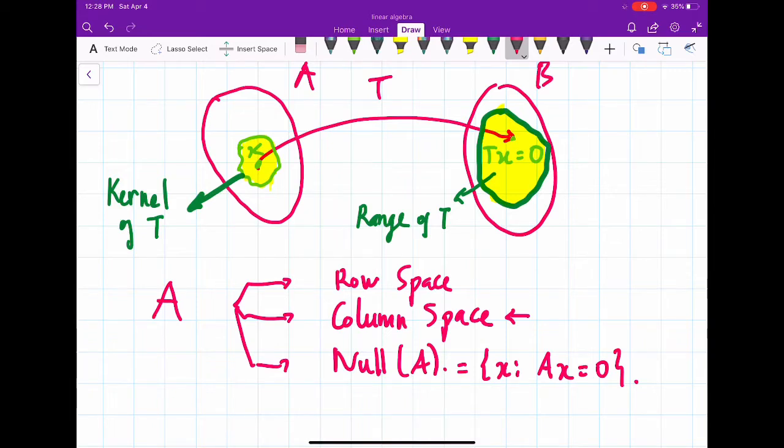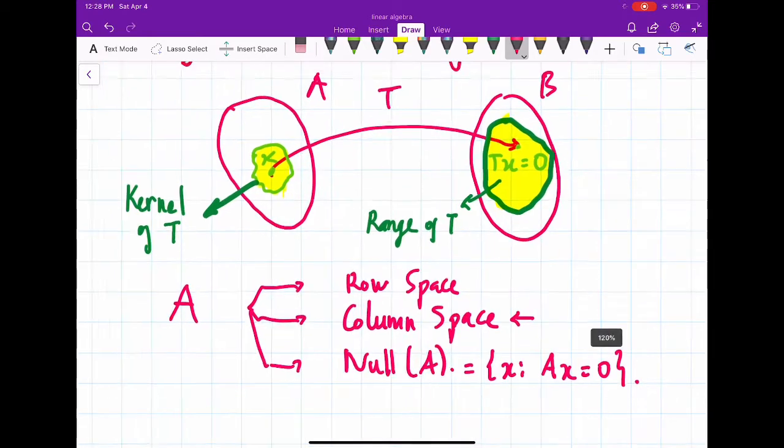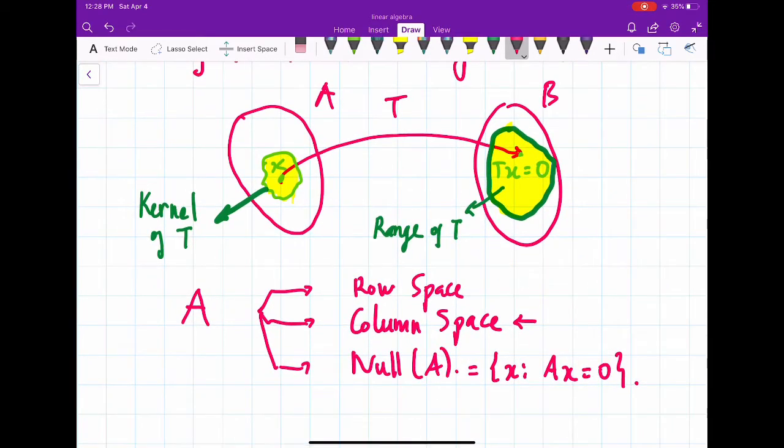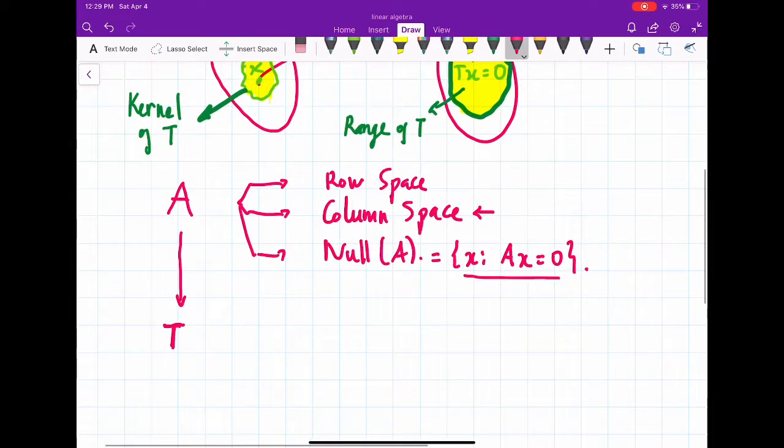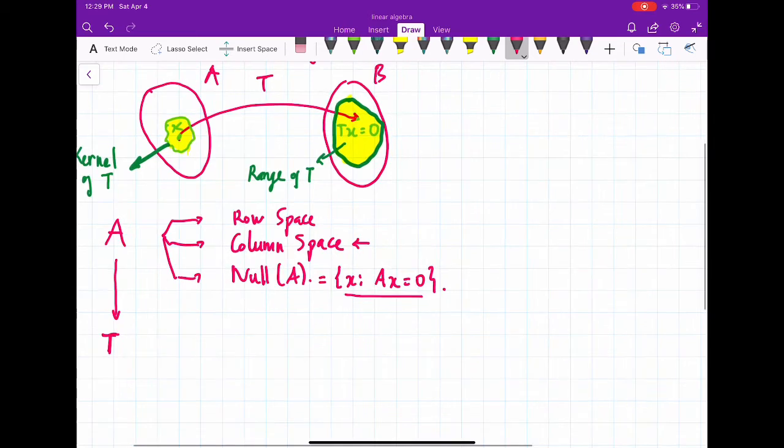Make sense? All right. Now we talk about the kernel of a linear transformation and the range of a linear transformation. For each A, we have some corresponding linear transformation. Similar to the case of null space of A, we may consider x such that Tx equal to 0. Right? So I write here, we have T. You may consider all x such that Tx equal to 0.